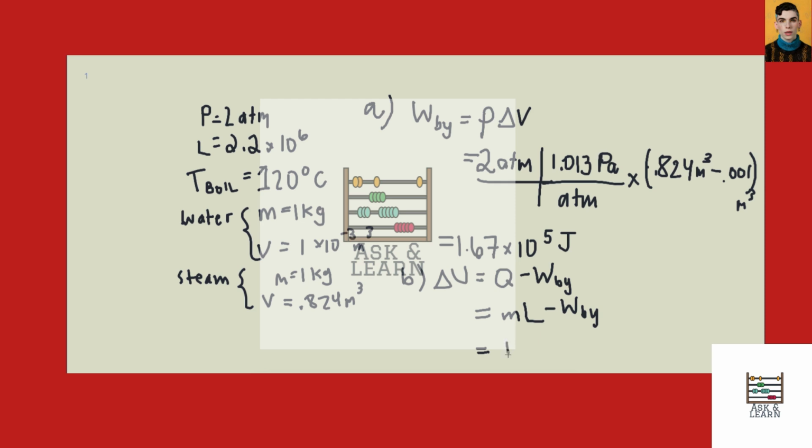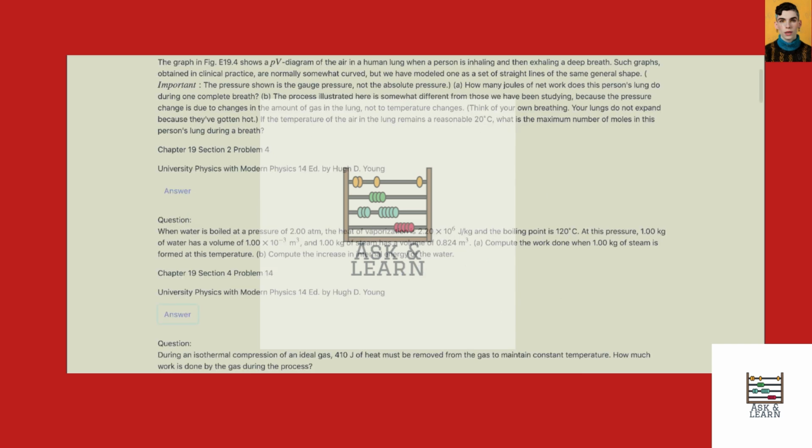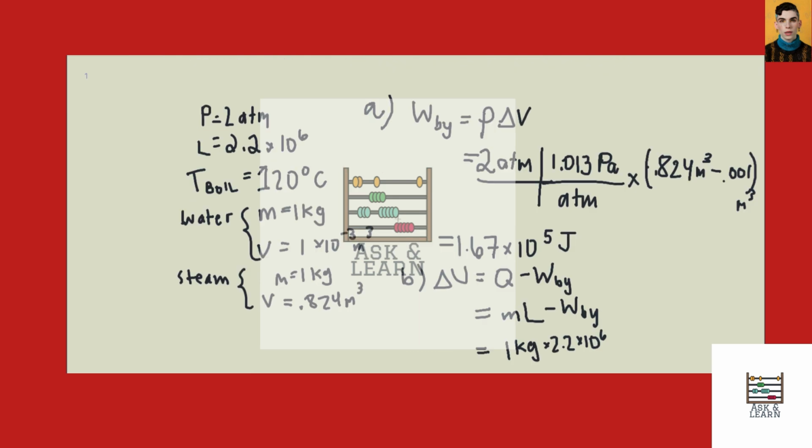So the mass is 1 kilogram. L is equal to 2.2 times 10 to the 6. Oh, forgot to put units on that. Those units are going to be joules per kilogram. So I'll go ahead and fix that. Joules per kilogram.